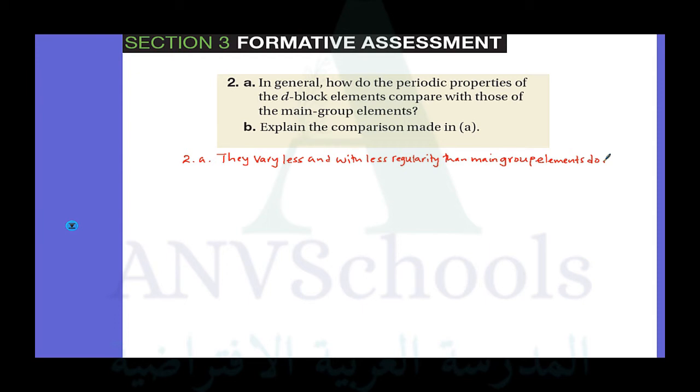So they vary as you go across a period. But unlike that, in the d block the variation is very small, and the regularity is also less. The periodic nature in s and p is higher than the periodic nature of the d block, so it's less regular.